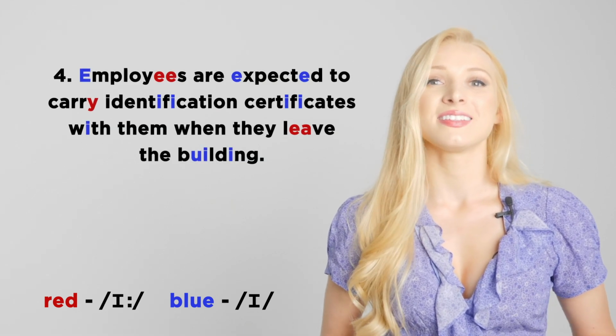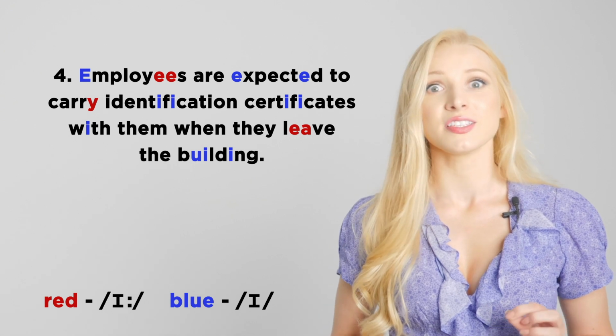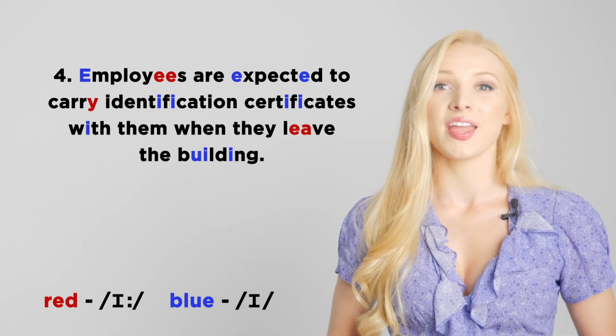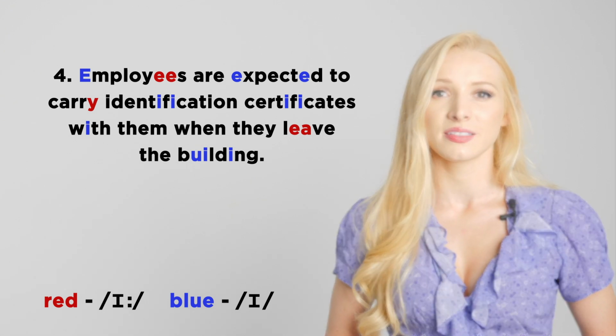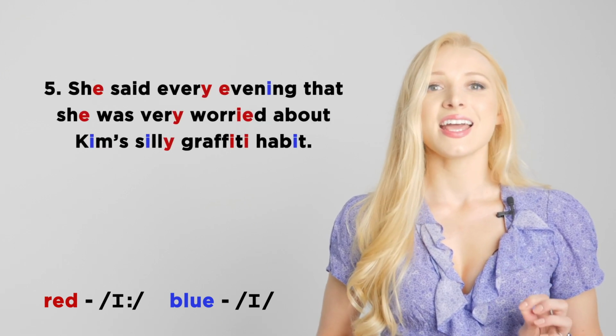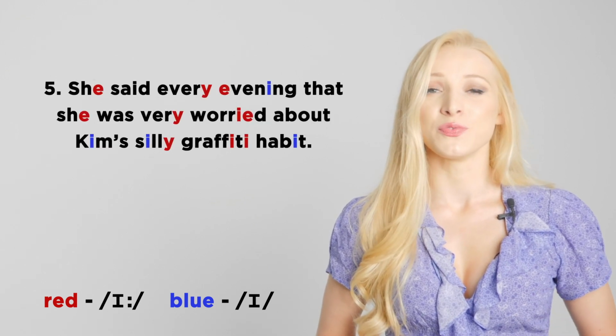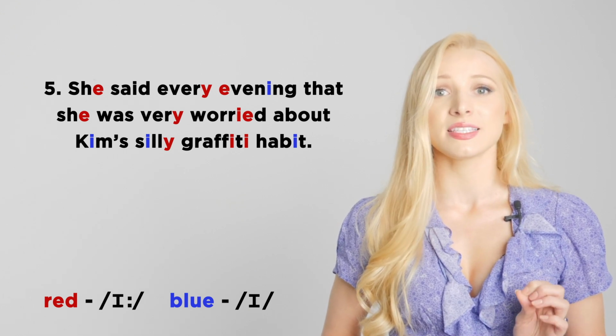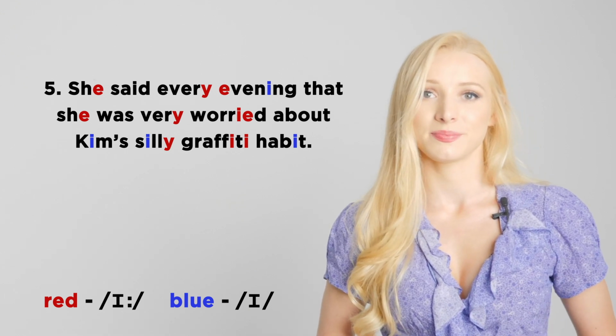Employees are expected to carry identification certificates with them when they leave the building. Number 5. She said every evening that she was very worried about Kim's silly graffiti habit.